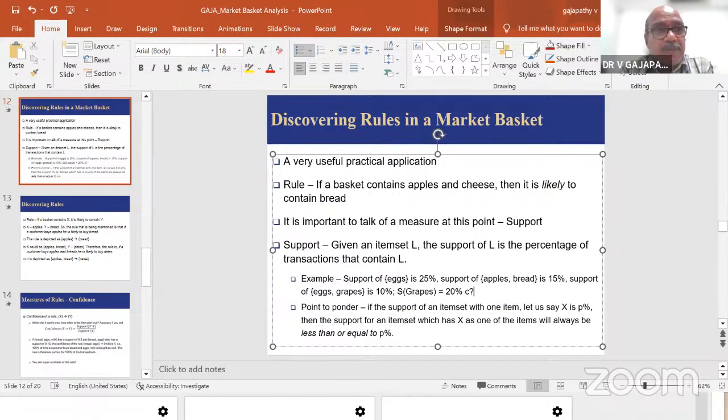See, support of A means, say I am taking two products. There are 100 sales. 25 customers purchased X. Support is 25%.